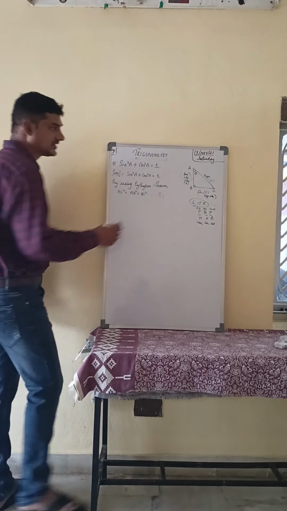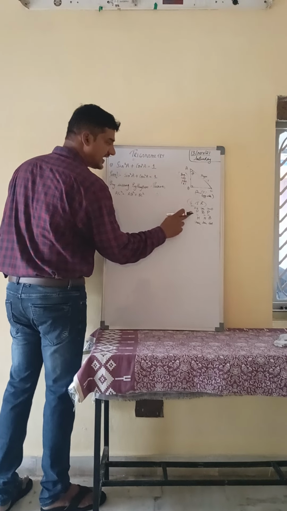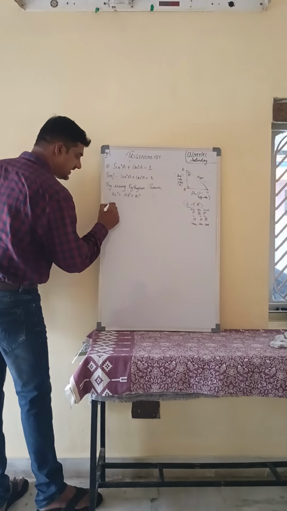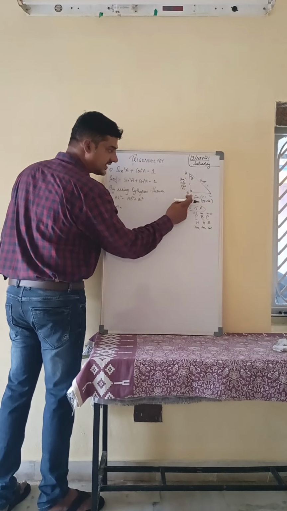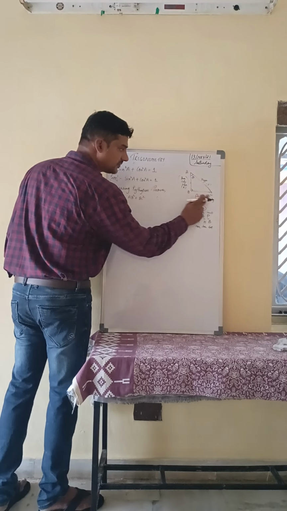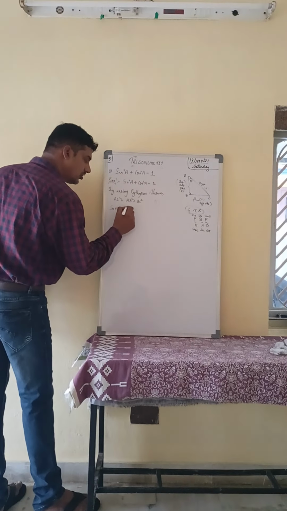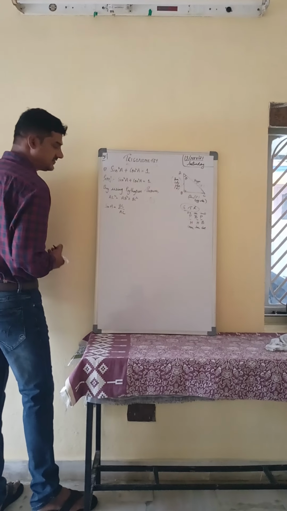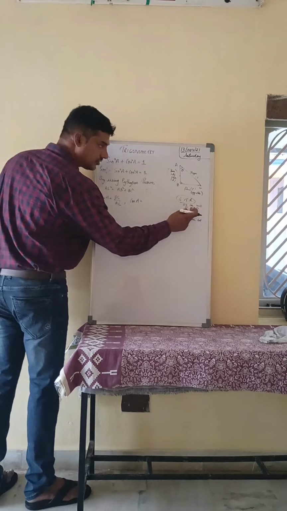Now here, theta is formed at angle A. What is sin theta? That is sin A, perpendicular by hypotenuse. Perpendicular is BC, hypotenuse is AC. So, BC by AC. Next we have cos A. What is cos A?